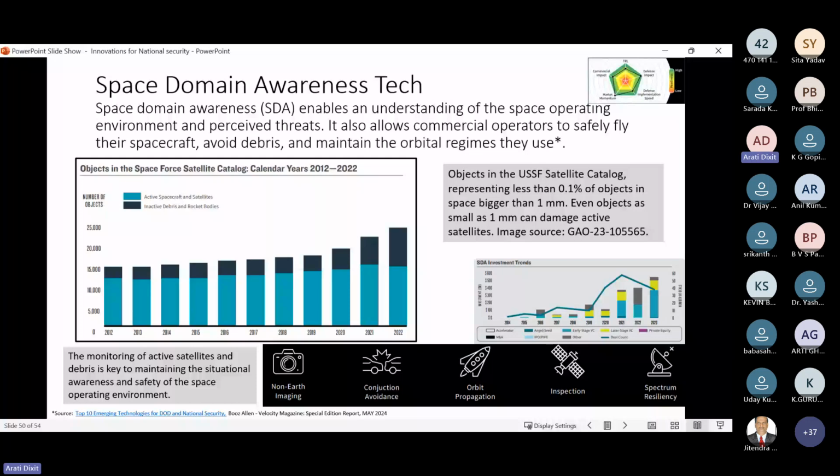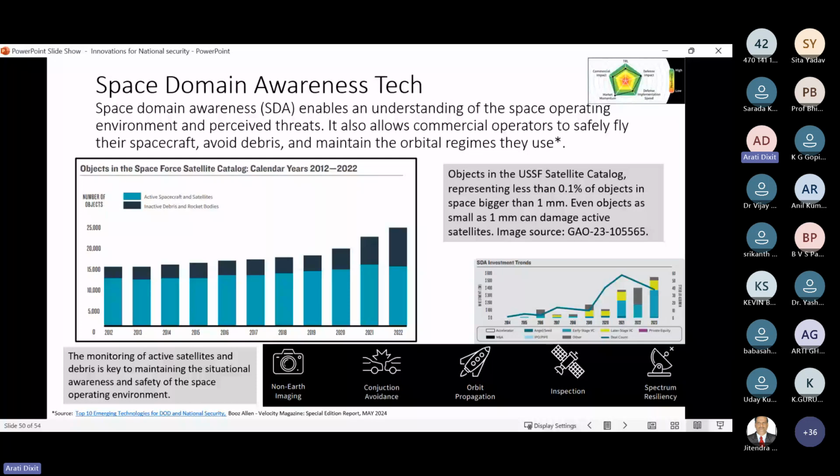are very small, teeny tiny objects, even smaller than 1 millimeter. They can damage active satellites and impact satellite operations. Monitoring active satellites as well as their debris is key in maintaining the situational awareness and safety of the space operating environment.